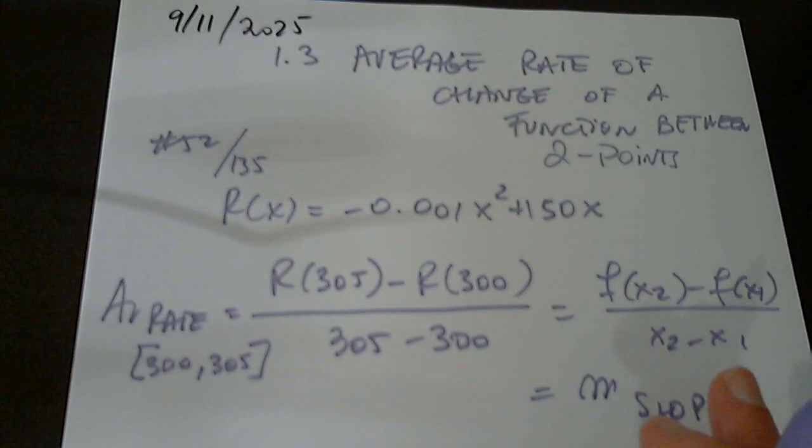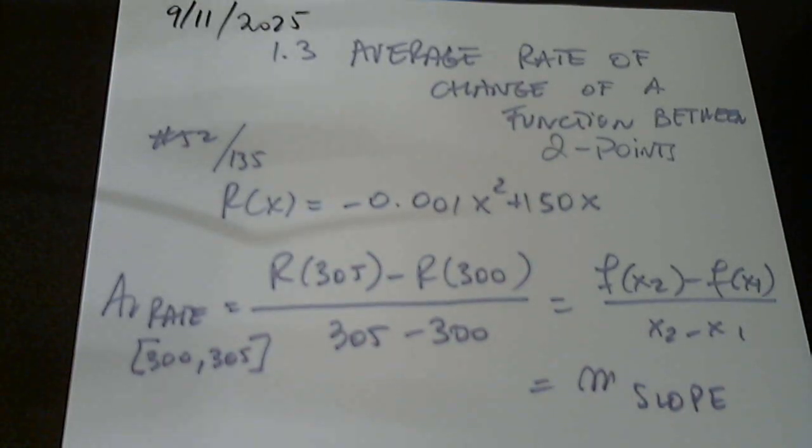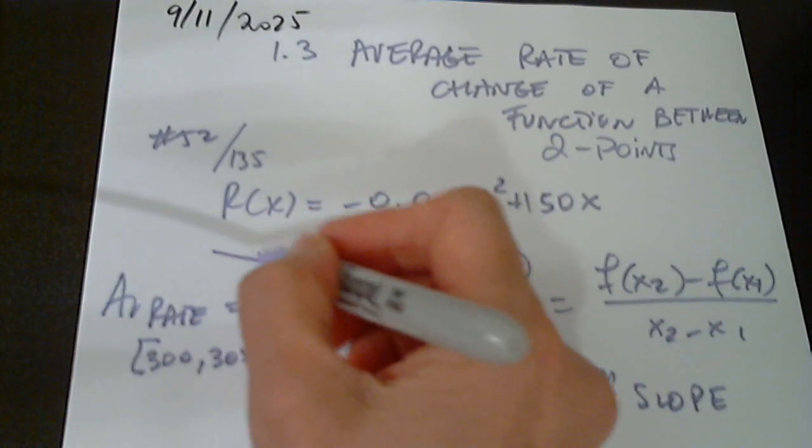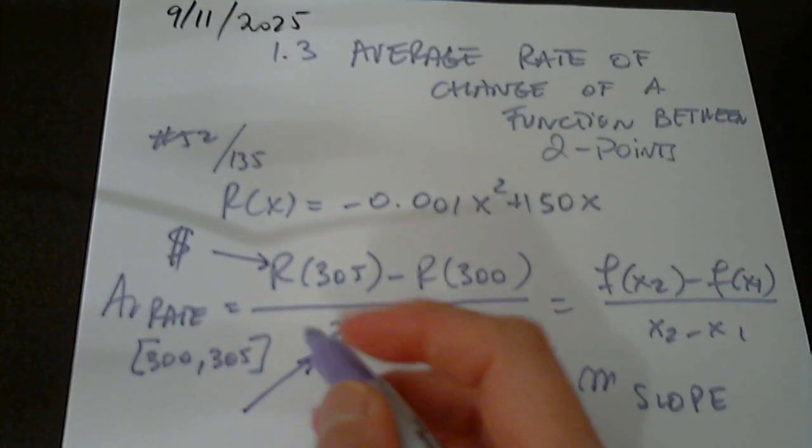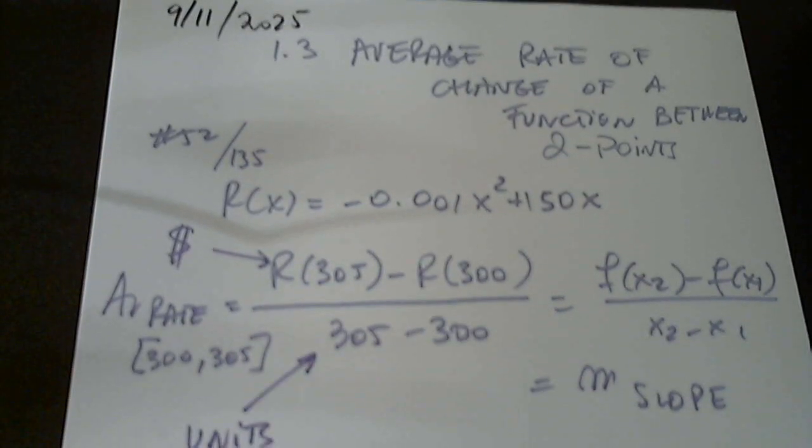Before we calculate everything here, we go back to the measurement unit. So it says x is the number of items sold, and R is the revenue in dollars. So the measurement unit for the numerator is dollars, and this is for units.